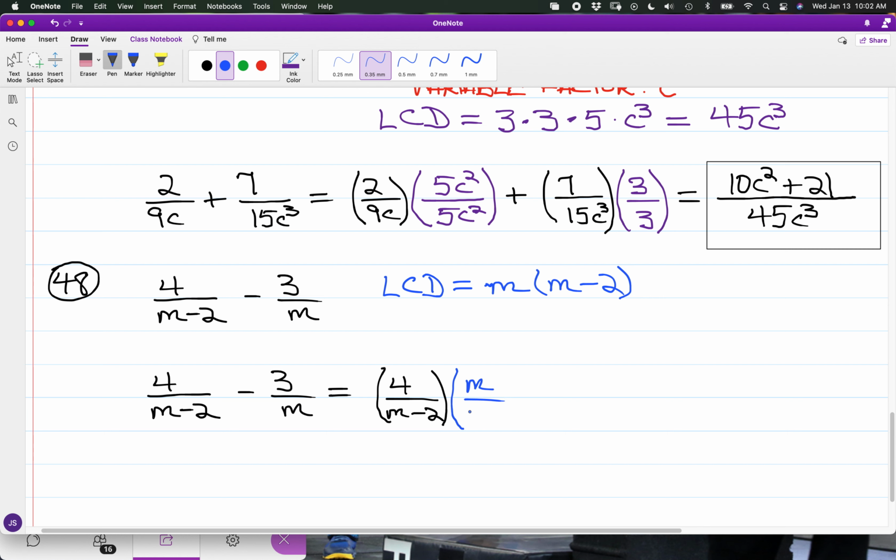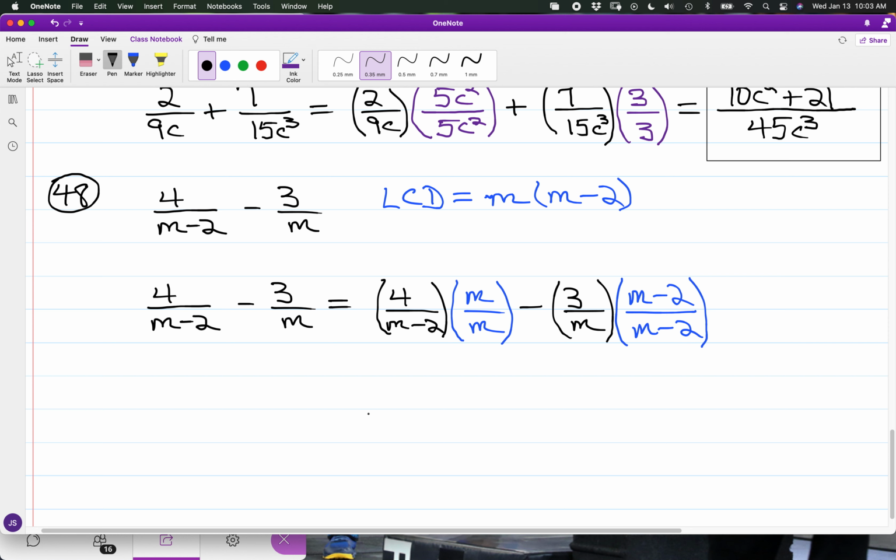So I'm going to multiply the first ratio by 1 in the form of m over itself. And we have minus 3 over m. And with this one, okay, I have the m factor, and I need to cover the m minus 2 factor. And so just carrying what we have now, both denominators will be m times the quantity of m minus 2.